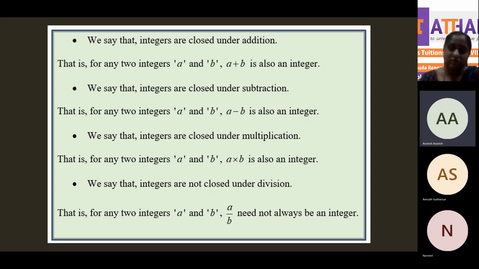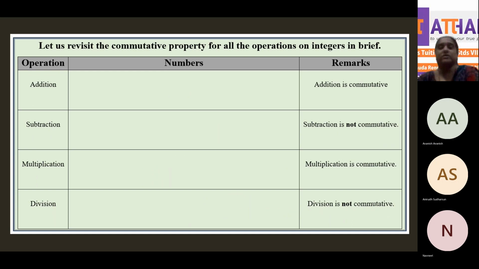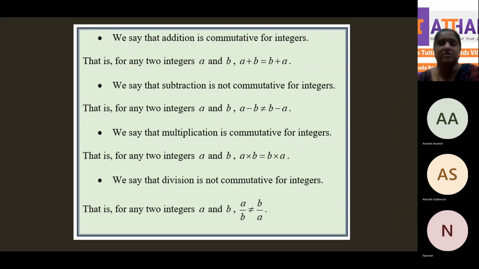Now this one, what we just discussed, commutative property. We finished this. And this is the description for the commutative property.